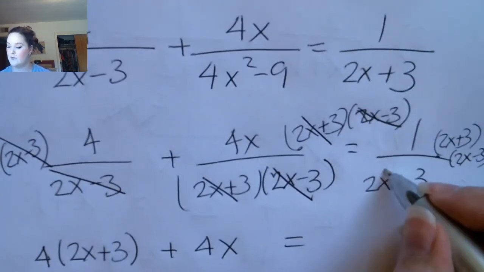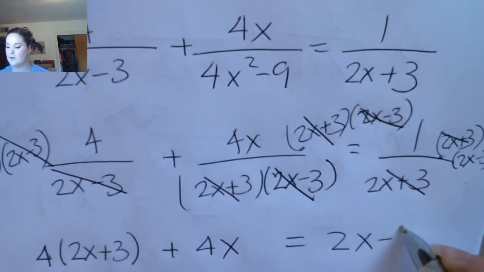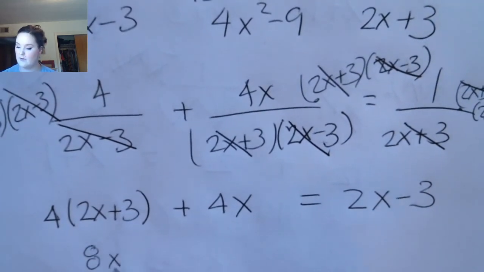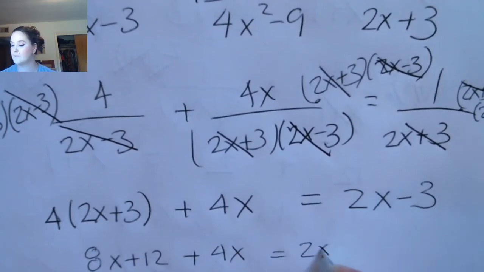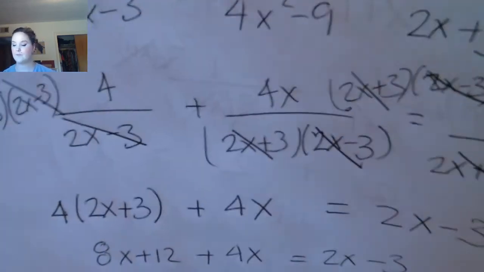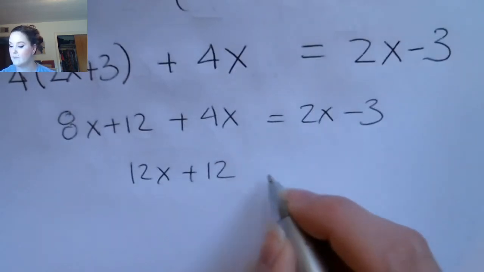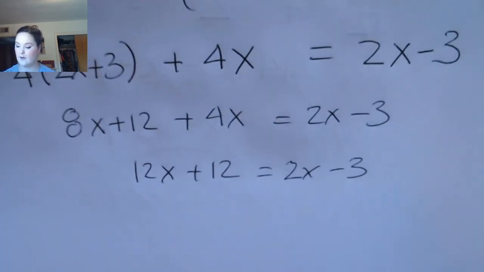Okay, and here my 2x plus 3 is going to cancel with this, so I'll just have 2x minus 3. Okay, so let's multiply this out. Okay, so we're going to combine our like terms.